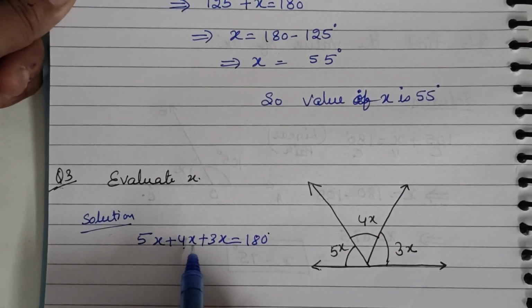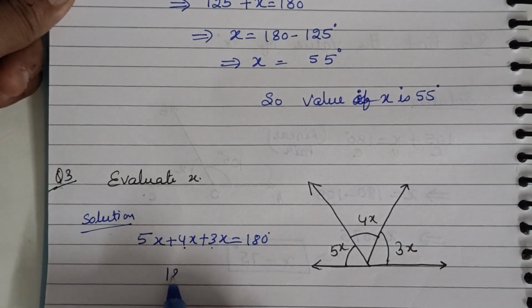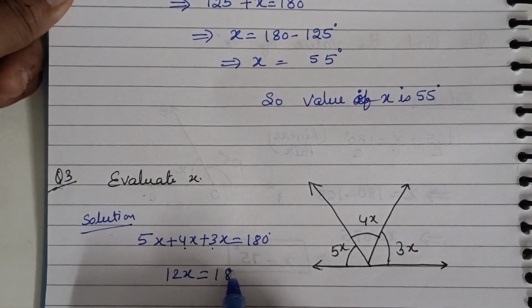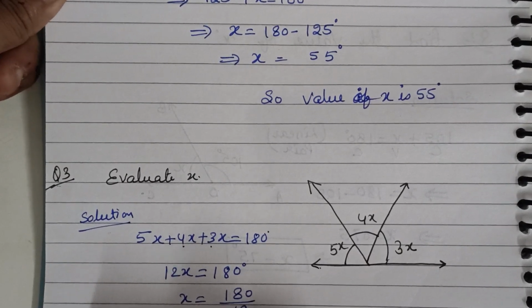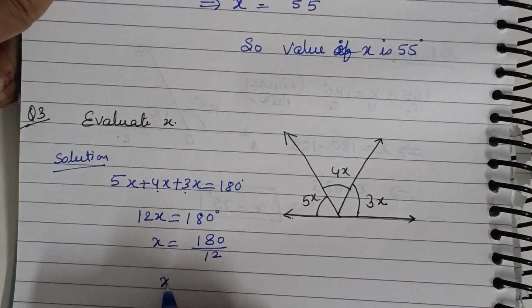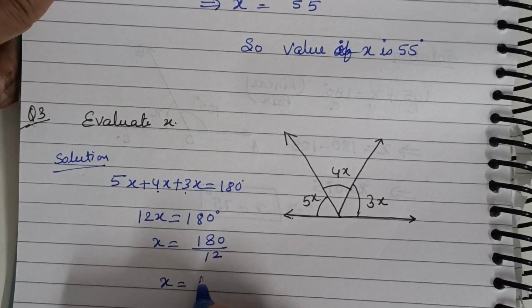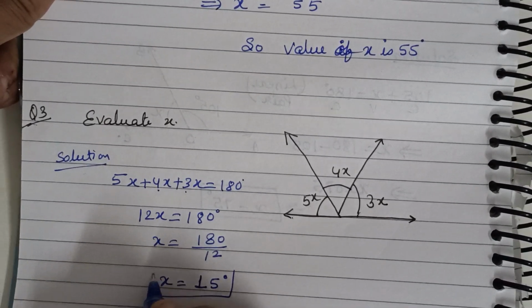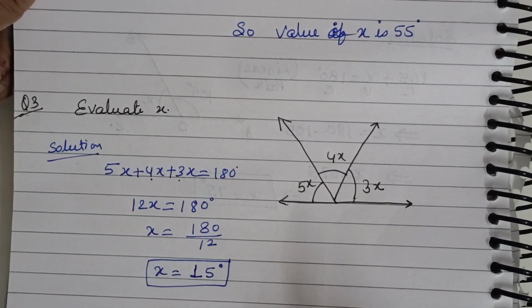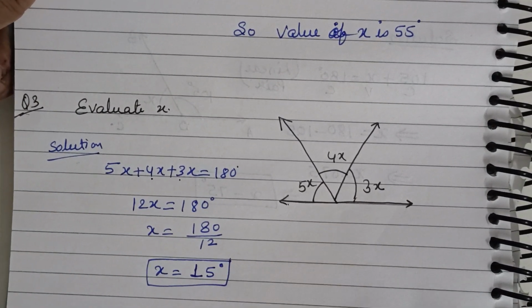So 5 plus 4 plus 3, 12x equals 180 degrees. x equals 180 divided by 12. So x equals 15 degrees. In this way you can calculate.